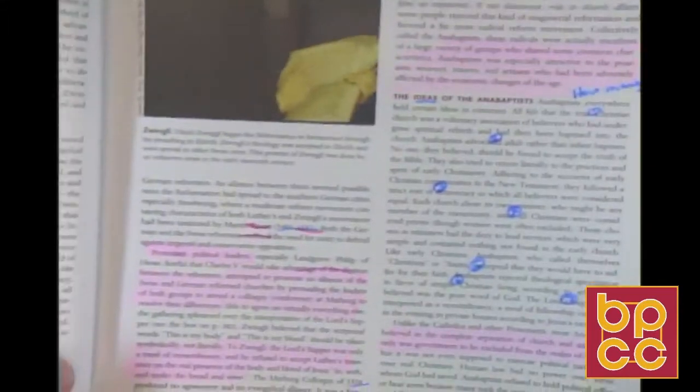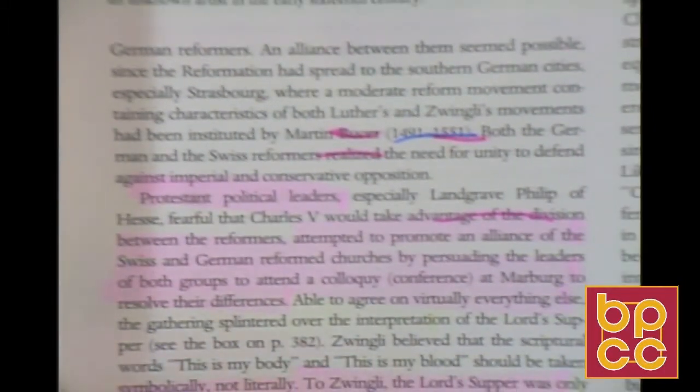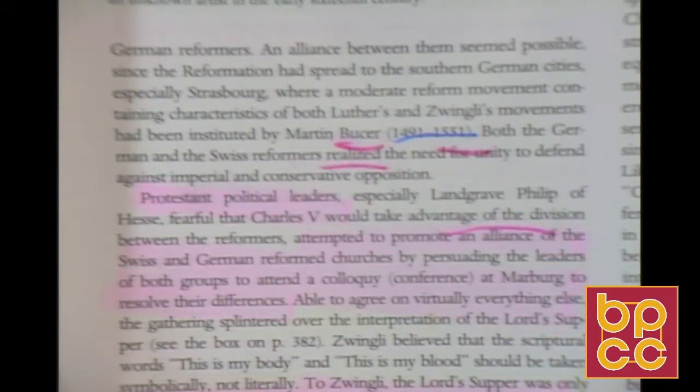So over here in this first column, I have highlighted the political leaders that were working at that time, and I have added an underline of this fellow's name, Landgrave Philip. I did not see that name as I was previewing the chapter, so I've underlined that. He might be important.